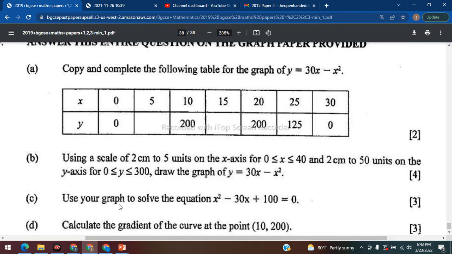They say use your graph. I think they mean algebraically, because here we know y is equal to 0.